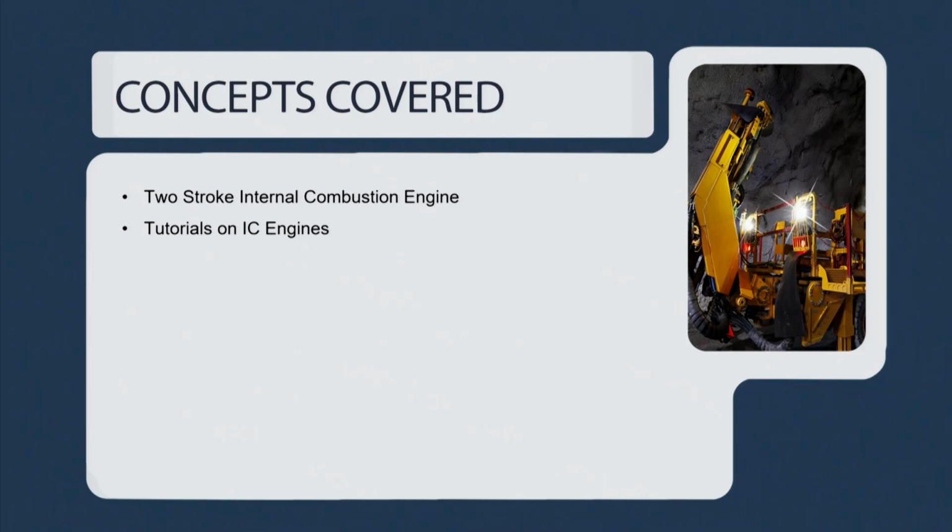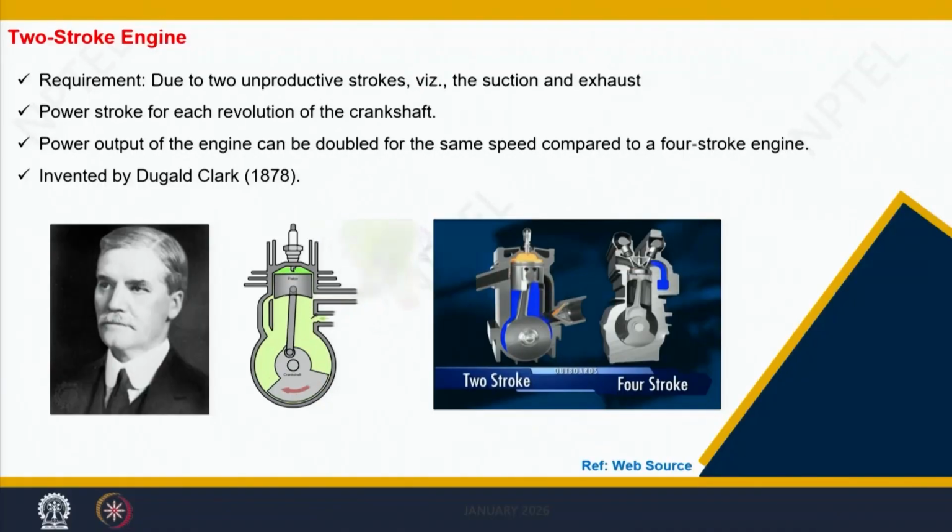However, for completeness of this topic, I'll be also covering the 2-stroke internal combustion engine, which we generally see in the two-wheeler vehicles that we ride. Then we will be going to 3 tutorial problems on this topic.